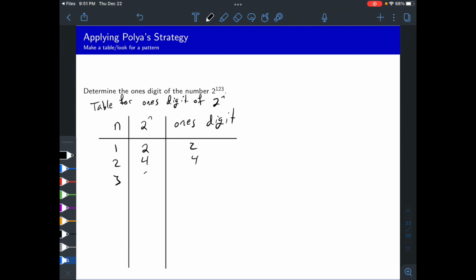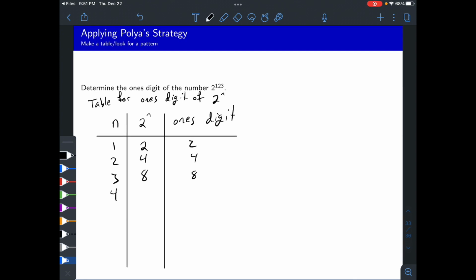2 to the power of 3 is equal to 8. 2 to the power of 4: 2, 4, 8, 16. So my ones digit now is 6. 2 to the 5: 16 times 2 is 32, so my ones digit is 2. 2 to the 6, that's 64, so my ones digit is 4. 2 to the 7, that's 128.